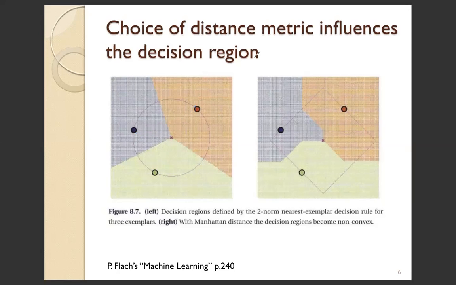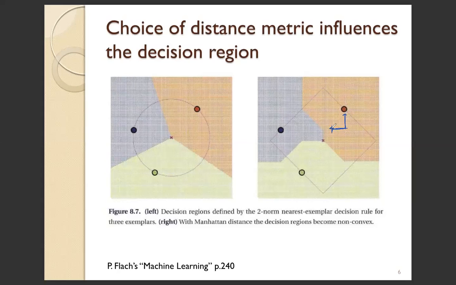Now, if you use the Manhattan distance, your decision boundary will change. For a point here, the distance is calculated going like this, from here to here.